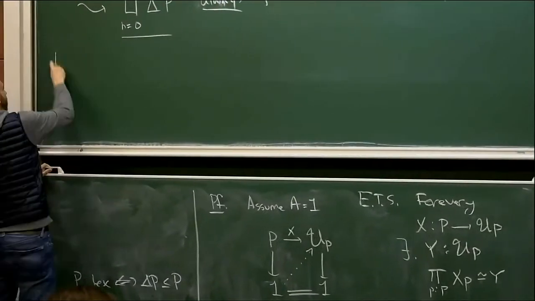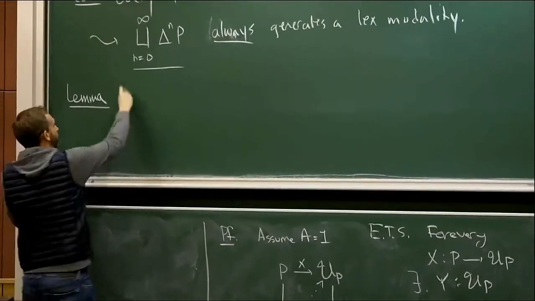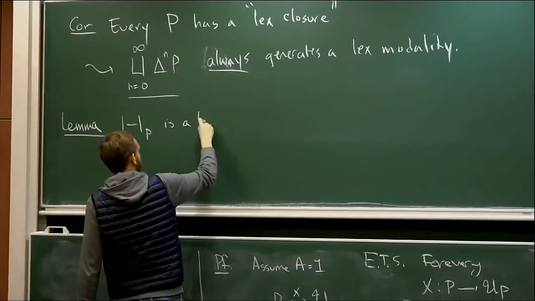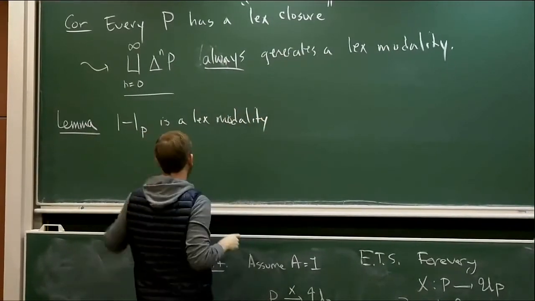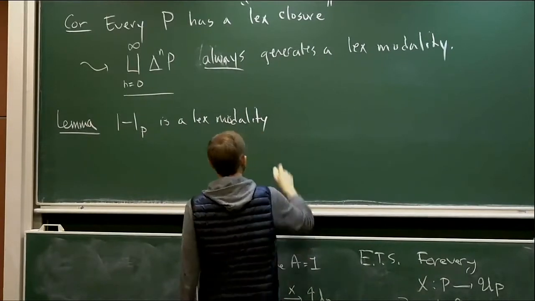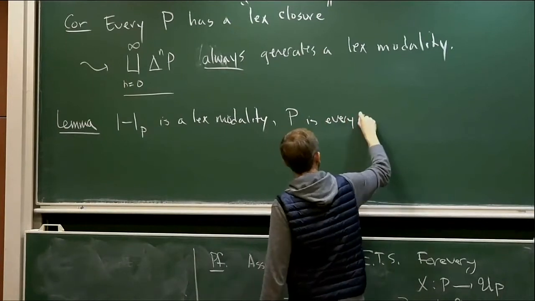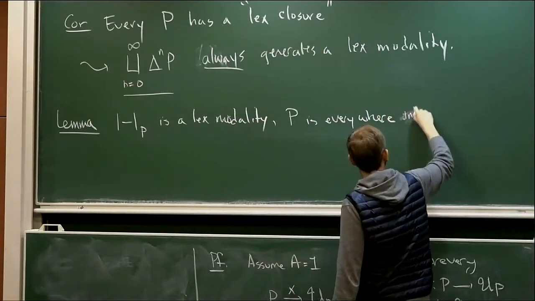Okay, so lemma, warm up, is that suppose that P is a Lex modality, with generator P. I hope that notation has been clear. And that P is everywhere non-empty, inhabited, I guess I would say.